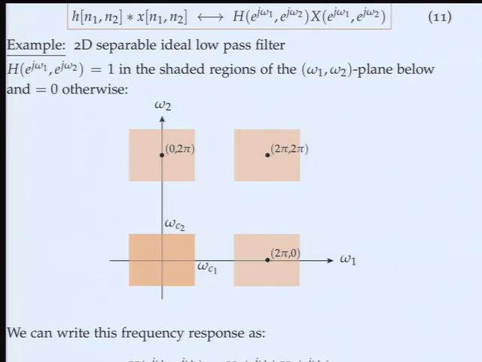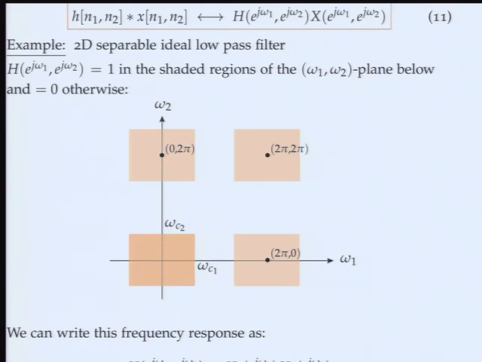So, what do you say? Yeah, this is a product of 2 rectangles. One is a function of omega 1 that ends at omega C1. The other is a rectangle with bandwidth omega C2 in the omega 2 direction. If I multiply them, I'll exactly get this shape, right? And therefore, the impulse response will be the product of the impulse responses for those 2 one-dimensional things.